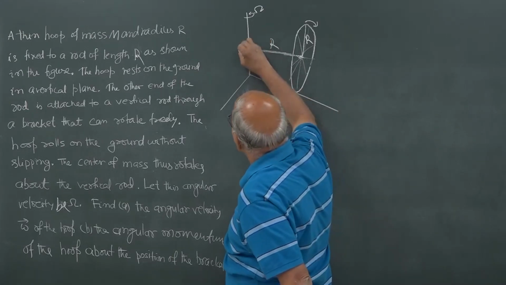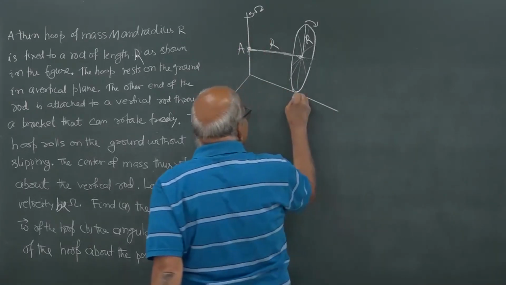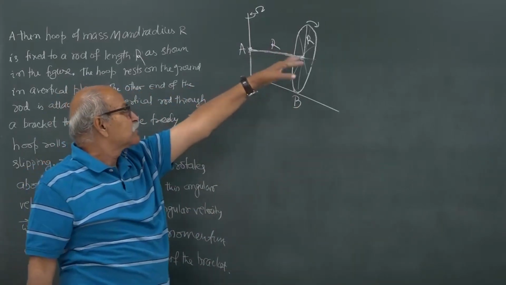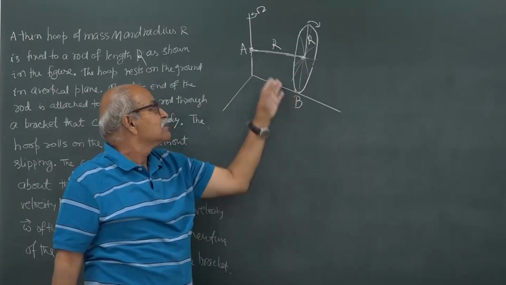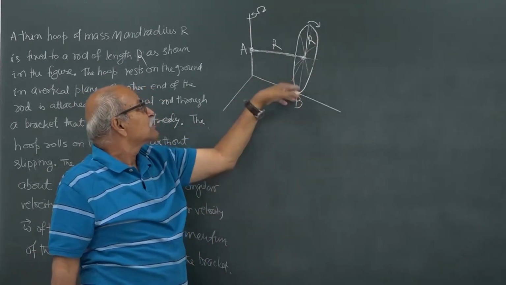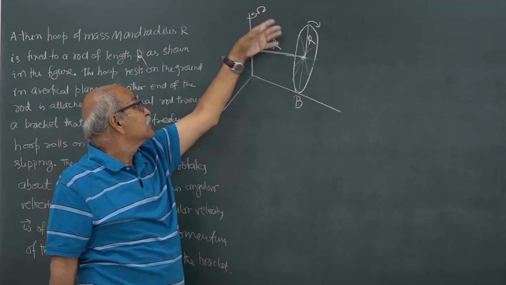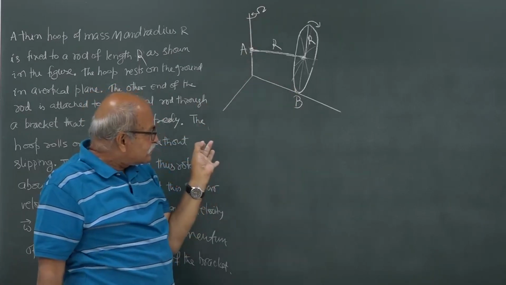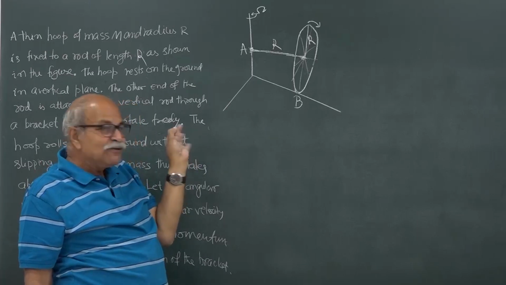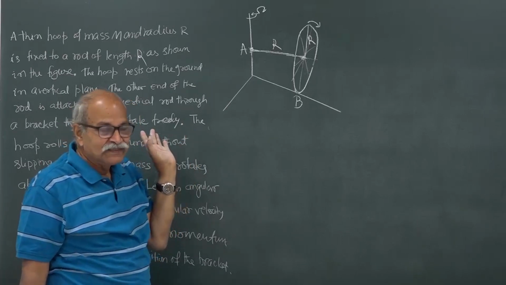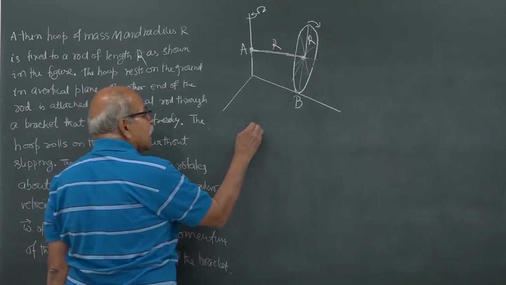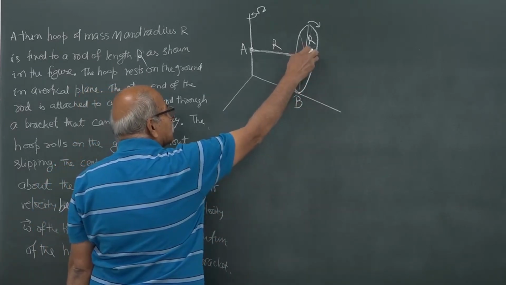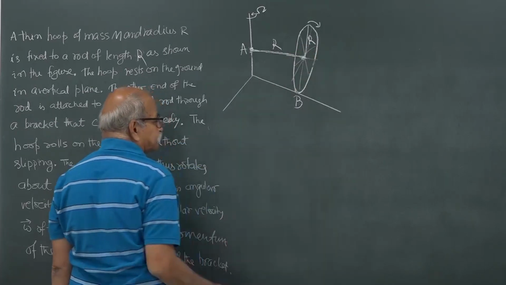Let us take this point as A, this point as B. I can directly write omega, not a big problem, because of this I can write the angular velocity, then the no slipping condition I can put. But let us see one more small technique that you can use in other problems also. So, we have to find the small omega, the angular velocity of this hoop.